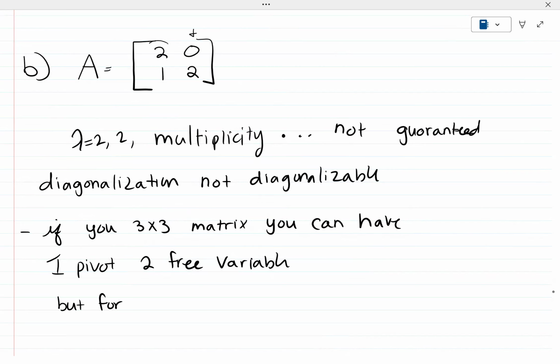But for a 2 by 2 matrix, one pivot, at most one free variable.